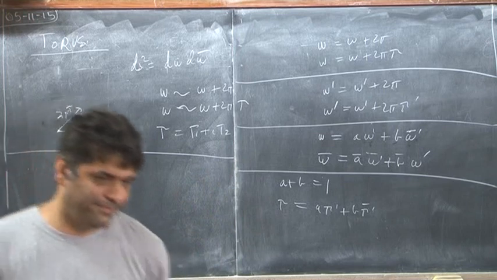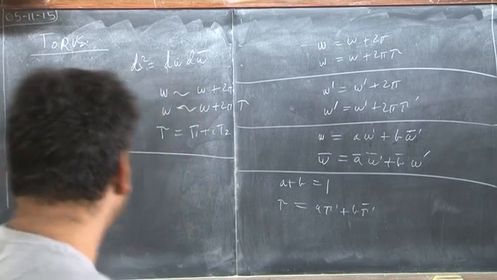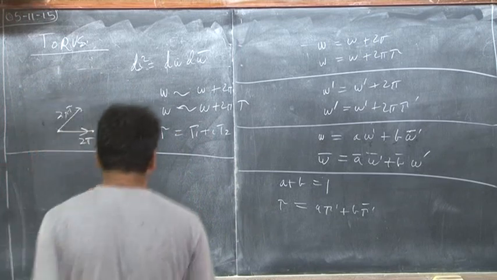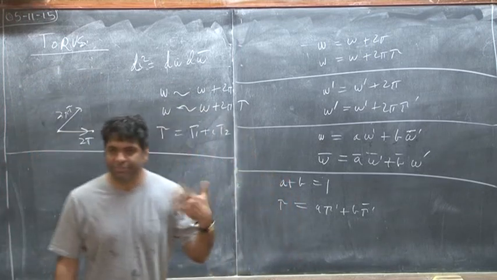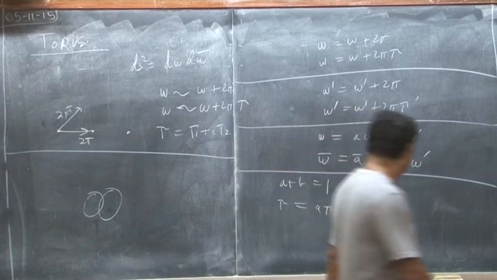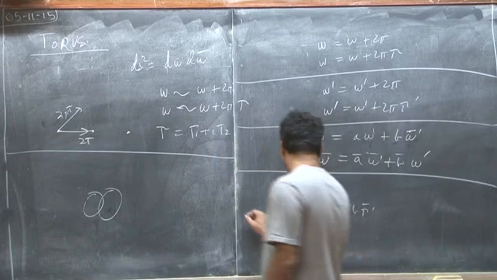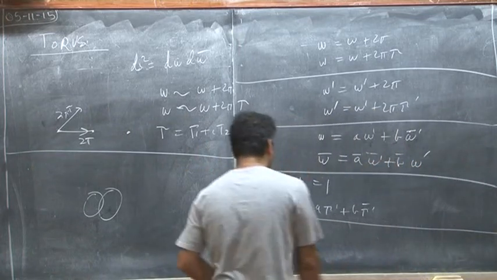So let's first do it for finite a and b, and then we'll stick to infinitesimal. Our main interest will be infinitesimal changes of tau, which we will try now. So let's solve.